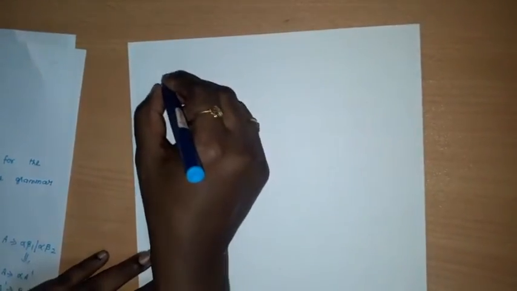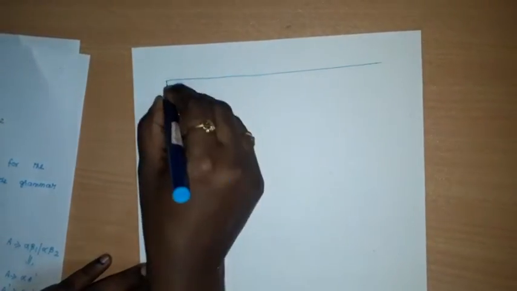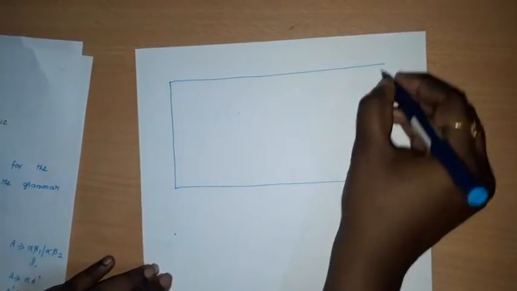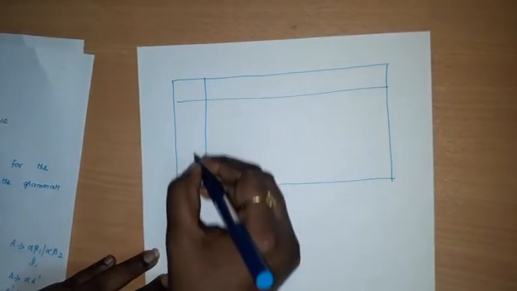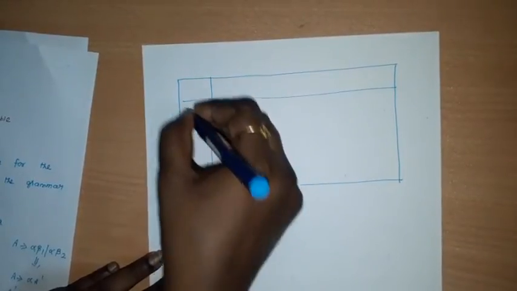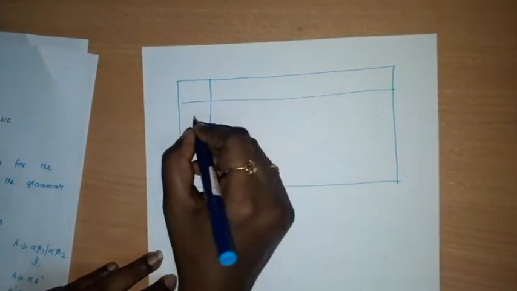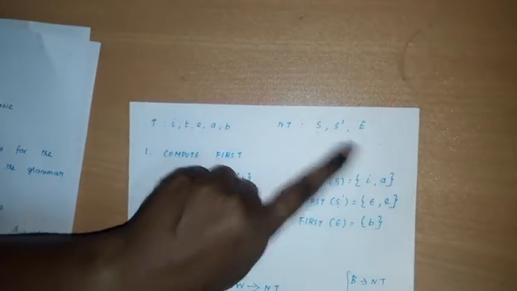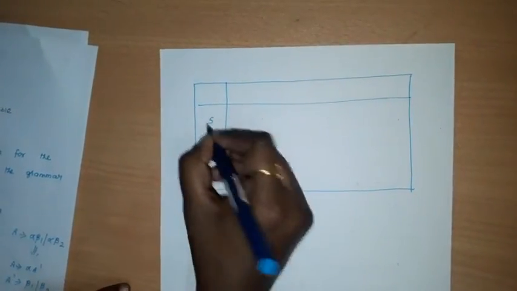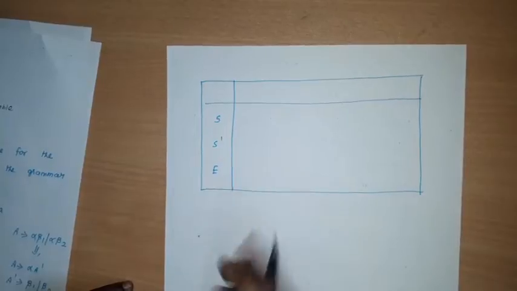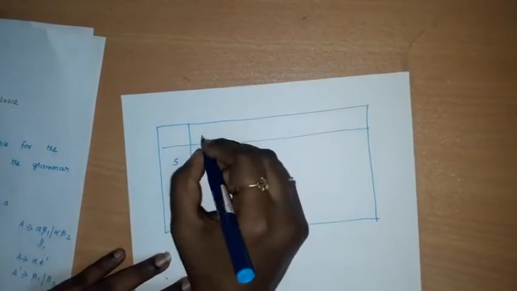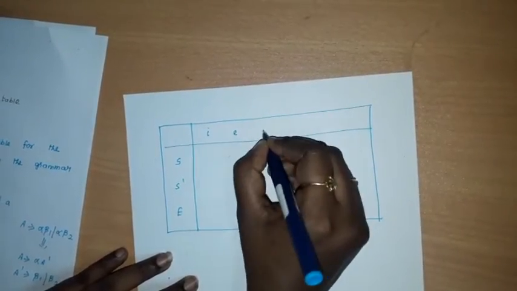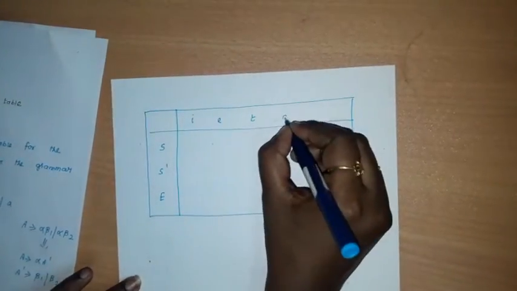Now I am going to construct the parsing table. To construct a parsing table, we have to write all non-terminal values vertically. There will be 3 non-terminals: S, S dash and E. And write all the terminal values horizontally: i, e, t, a and b.